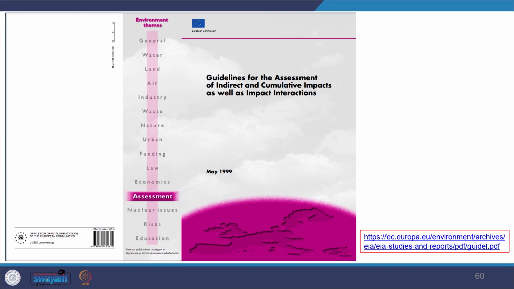Here it gives you guidelines for assessment of indirect and cumulative impact as well as impact interaction. So it also gives you a very thorough guidance in this area, and it specifically deals with assessment. So those are the guidance which are available, so you can see through those how different stages can be done.